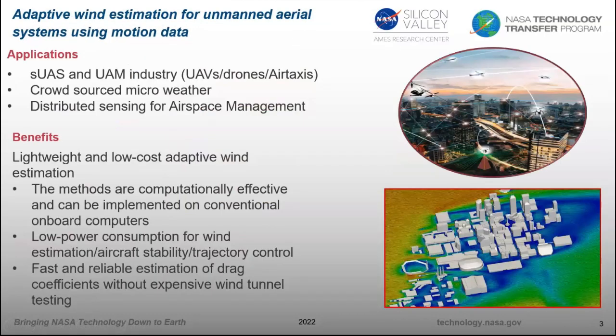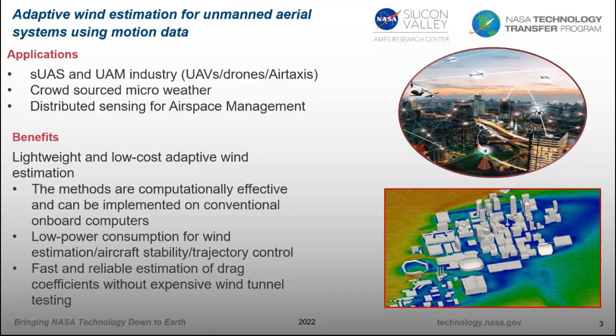So the application we started out with was one small UAS, like the DJI that was shown earlier. We have also tested on bigger vehicles. Currently, we are testing them. When I say testing, they're all in simulation.